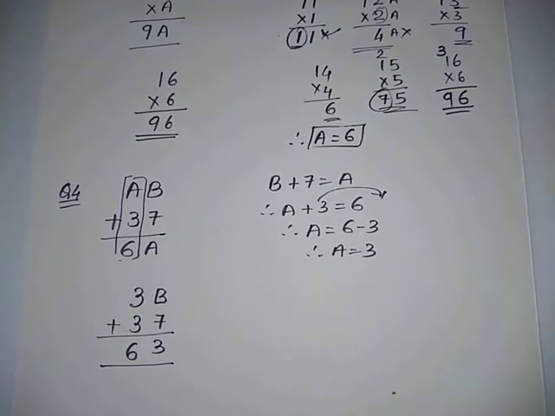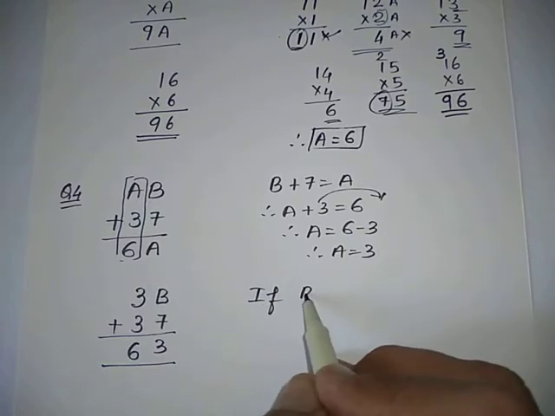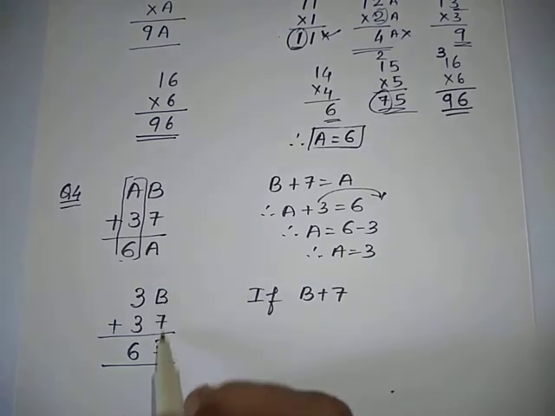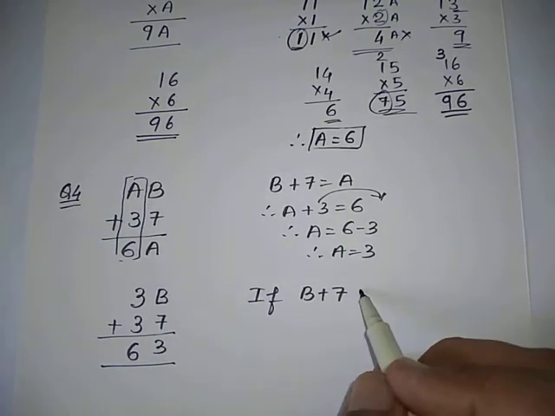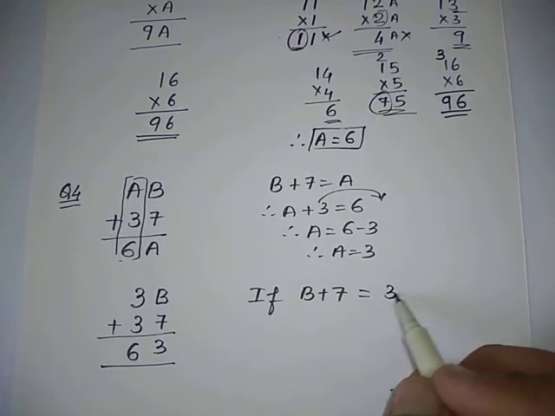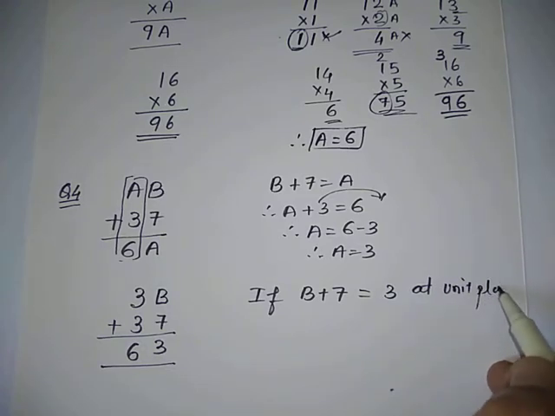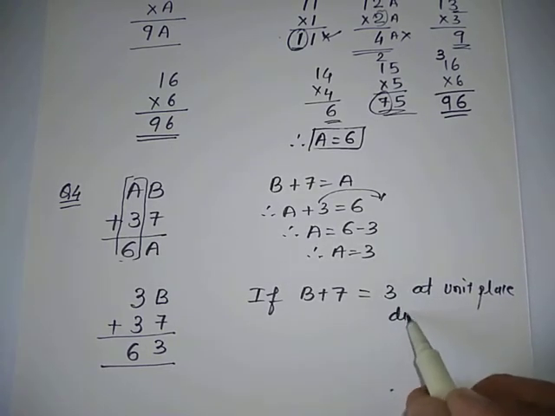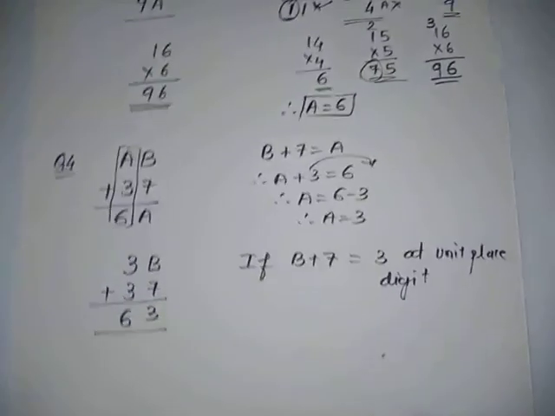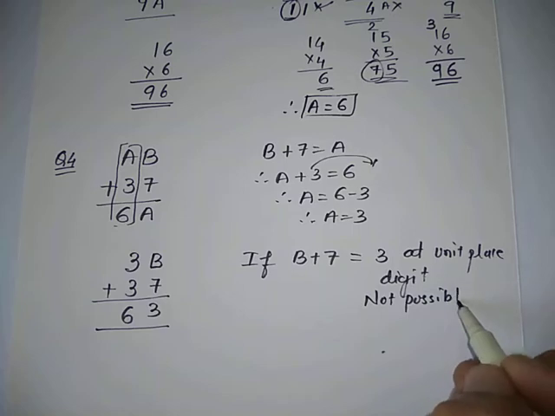But if we start with B plus 7, we want to get the value of B. It will be 3, where? At the unit place digit.